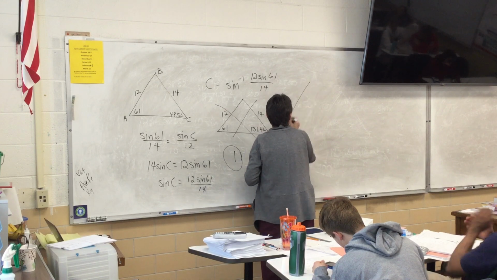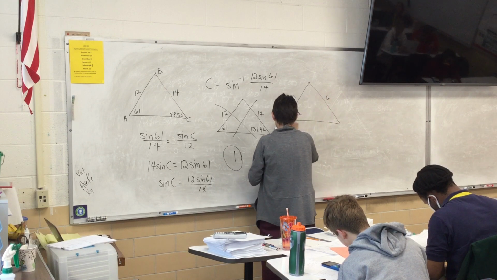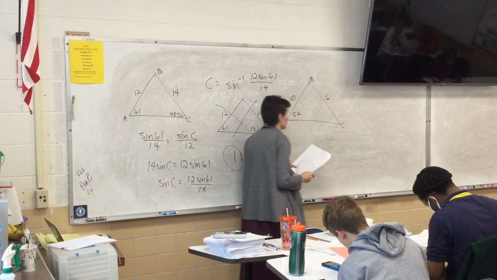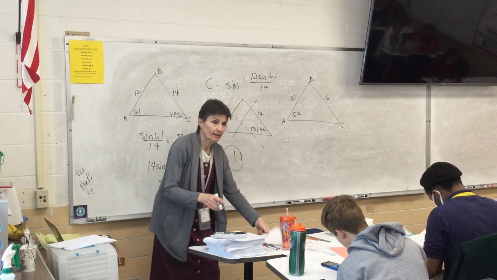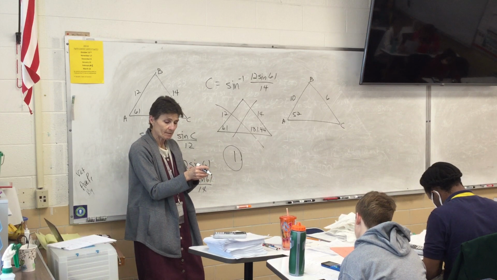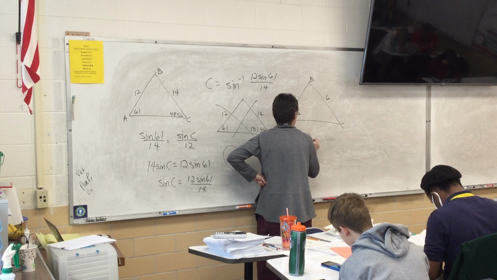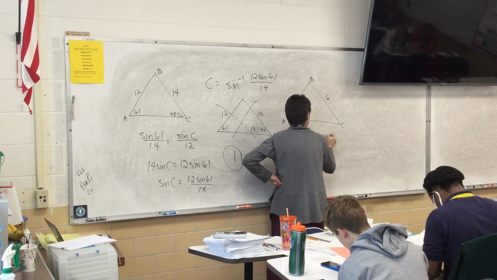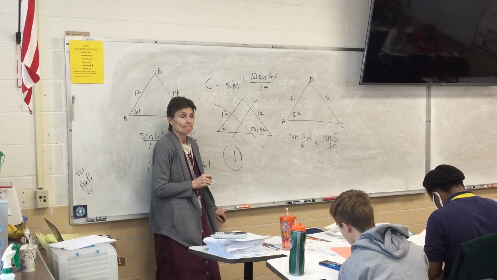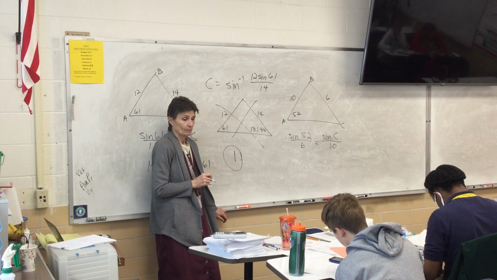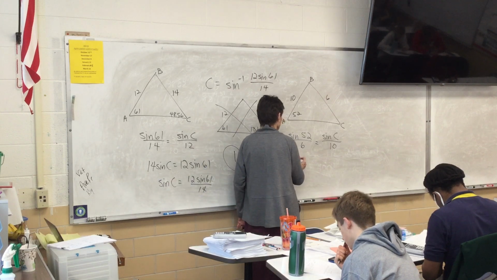Now let's look at the next one. How is this one going to be set up? Same exact way. We're going to say sine 52 over 6 equals sine C over 10. Right? Well, I'm not there yet. So then I'll cross multiply.